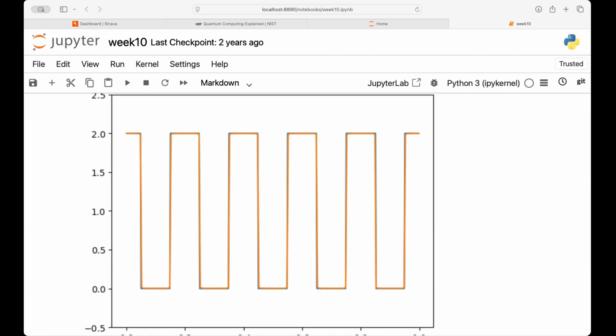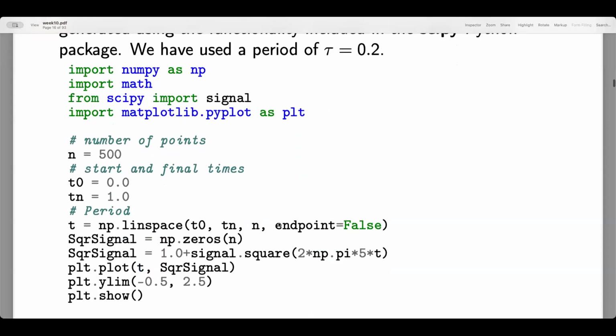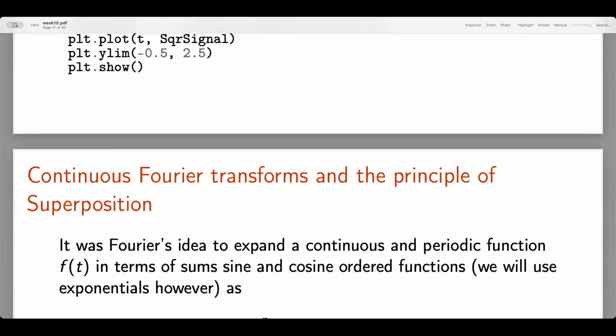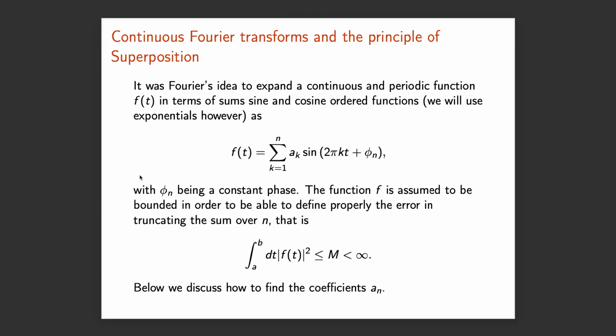Let me bring up the slides, let me just share it again. So you saw these simple examples, and I'm going to take the liberty of now going through this by slides.